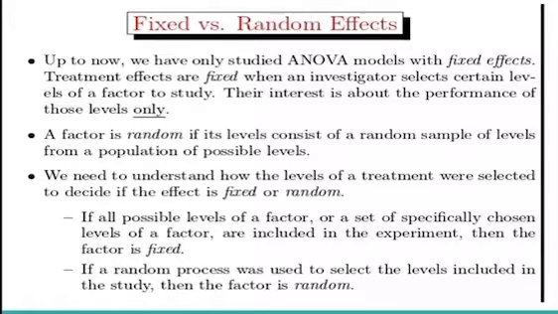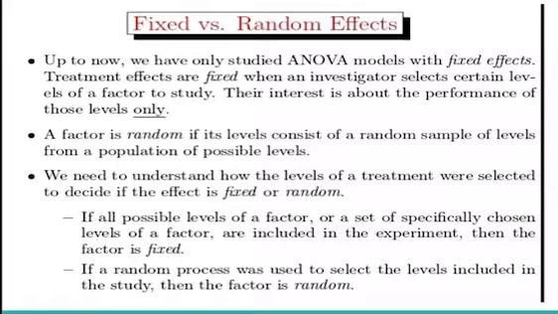But if there are more than those levels, and they only select a few at random to study, then using a fixed effect model will be misleading, because another variability will be added to the total sources of variation.